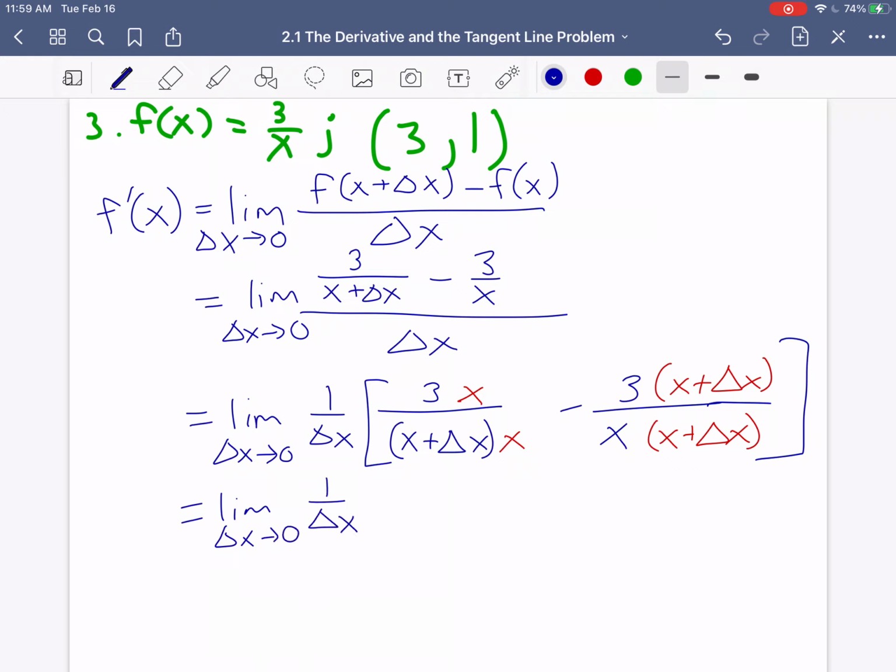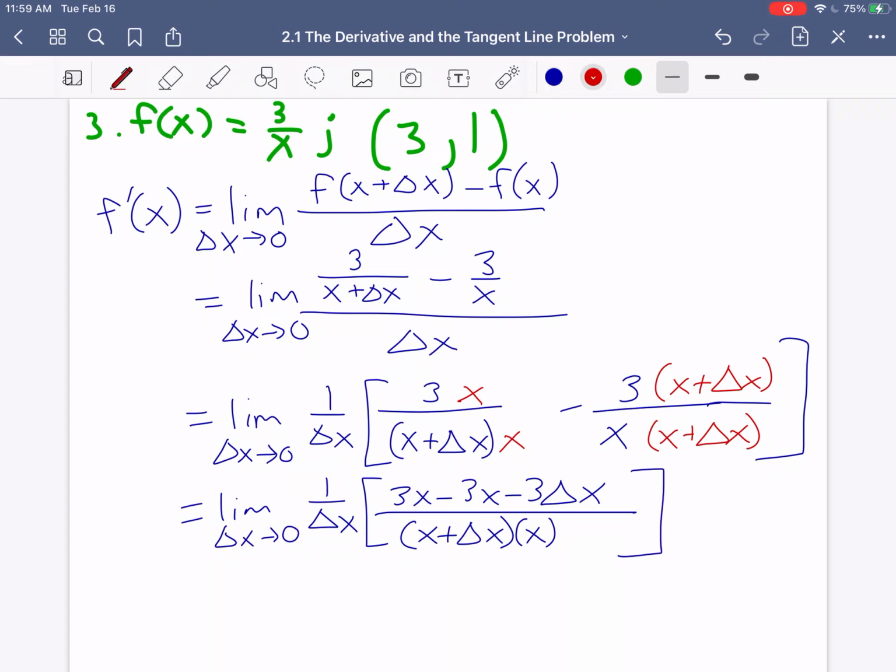So we have that 1 over delta x still out front. We have a 3x on top minus 3x minus 3 delta x, and on the bottom we have x plus delta x times x. Our 3x's are going to cancel quite nicely.